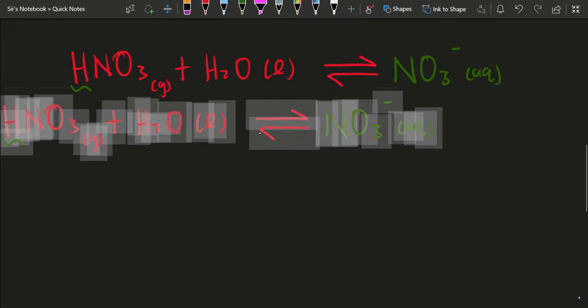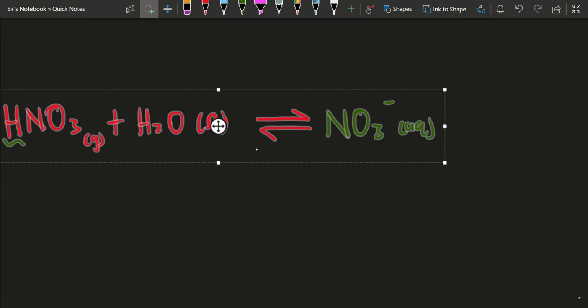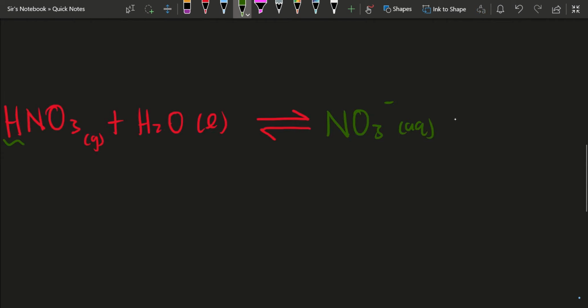So it gives me a nitrate ion plus a hydronium ion, right? So we have nitric acid. What actually happened? Remember, an acid forms a conjugate base when it donates a proton, and a base forms a conjugate acid when it accepts a proton.